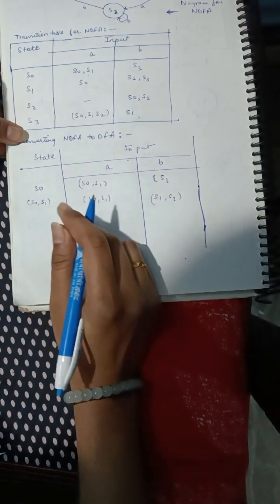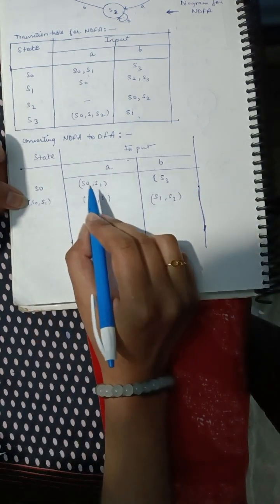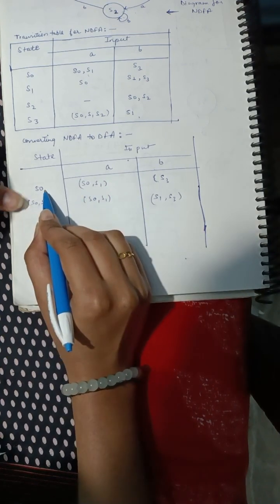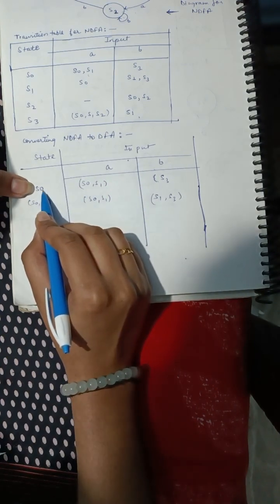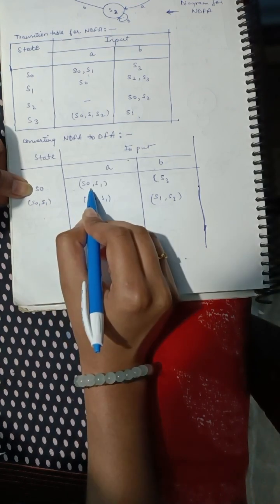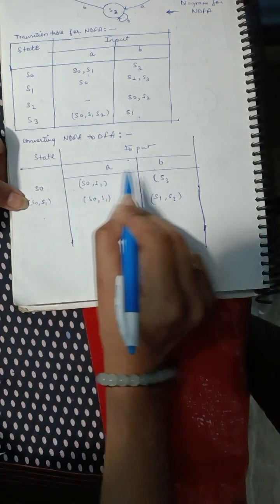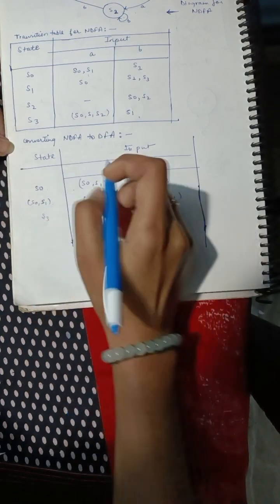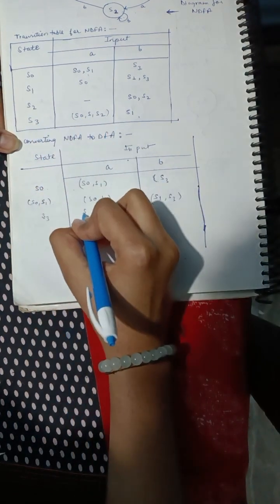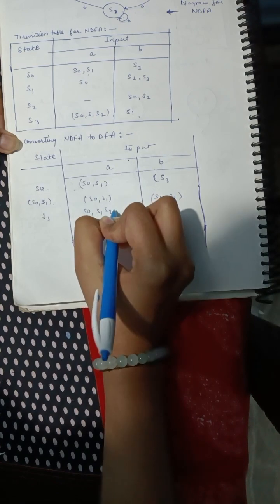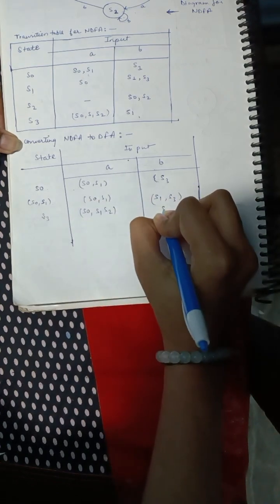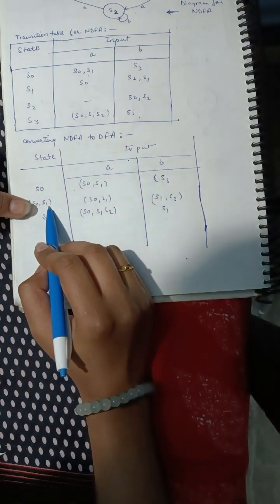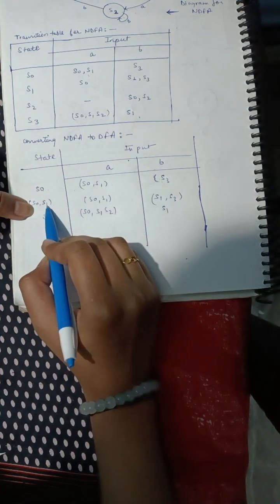Okay, now what it will be, next value for the state will be S3, because S0 is written here. Next value S0 comma S1, that is also written. Next to it is S3. So for S3 the value is this: S0 comma S1 comma S2 and S1. Okay, now after S3 the value is S0 comma S1, that is as it is written.